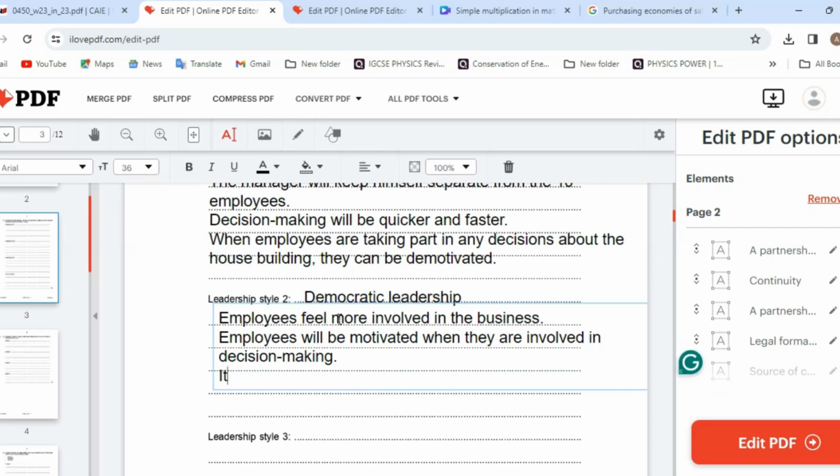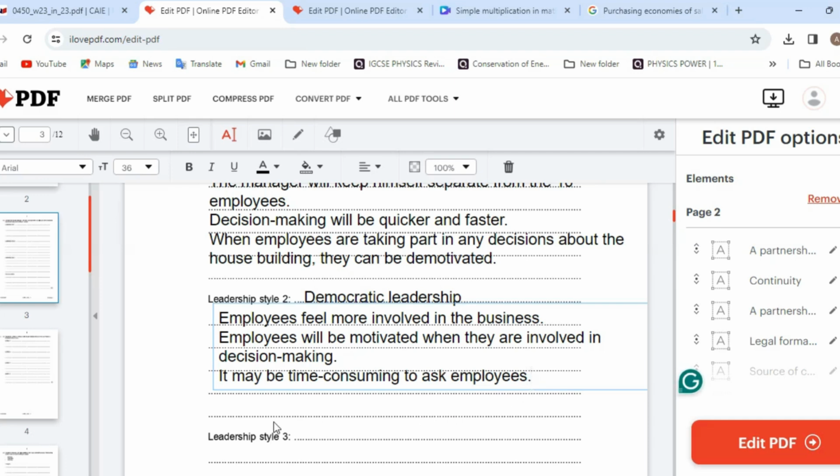Let's say it may be time consuming to ask employees, and this can actually reduce the work carried out by them.